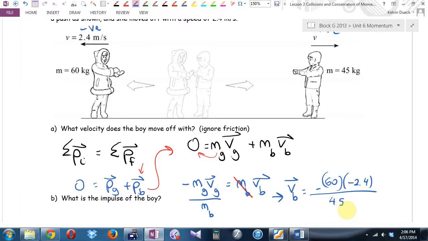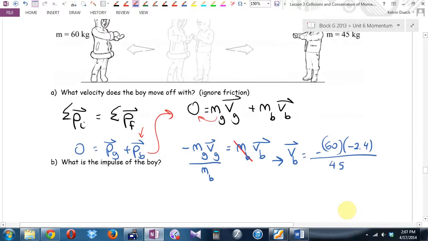Double check me. Direction. In the positive direction, which is which direction in my picture? Right, or east.